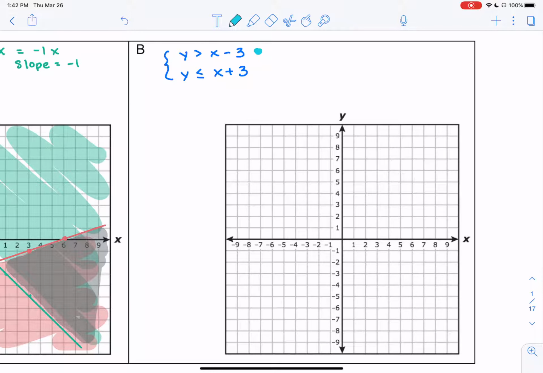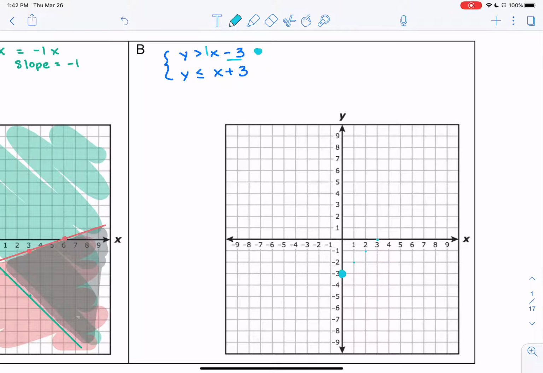I start with the -3 telling me where I begin. So I go down 3 and put a dot. And then I don't see a slope, it's actually a 1. Okay, it's a silent 1 if you don't see one. That means I go up one and over one, up one, right one, up one, right one.